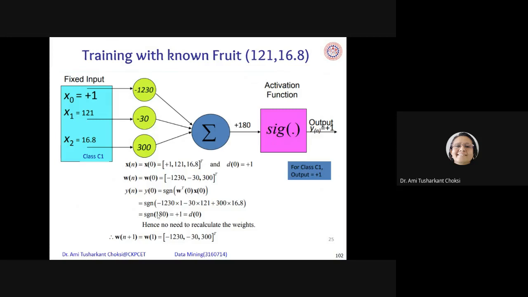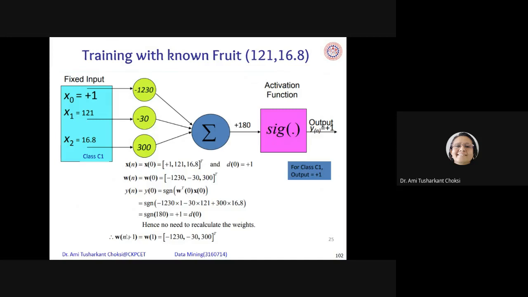As we know, if the value is positive, it will give plus 1. Otherwise, it will give negative 1, right? So here we are getting the actual output yn, that is plus 1, which is the same as the desired output, that is also plus 1. So when the actual output and desired output are both the same, we do not need to recalculate the weights. Fine.